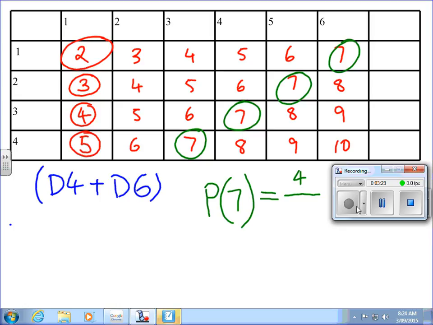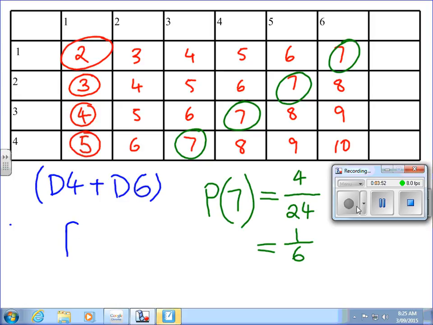We got 6 times 4 is 24. Now, I'm going to expect you to go through and make a reduction in that one, so simplify it down a bit. Now, 4 goes into 24 6 times.